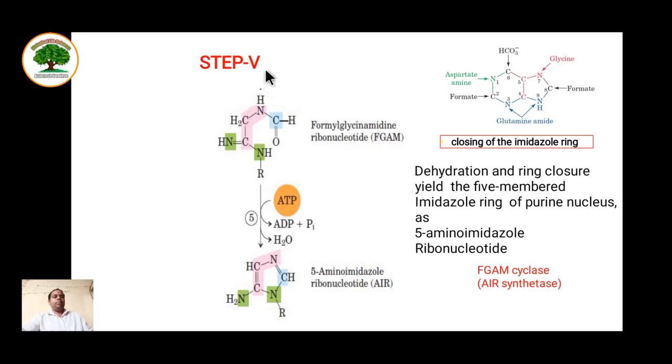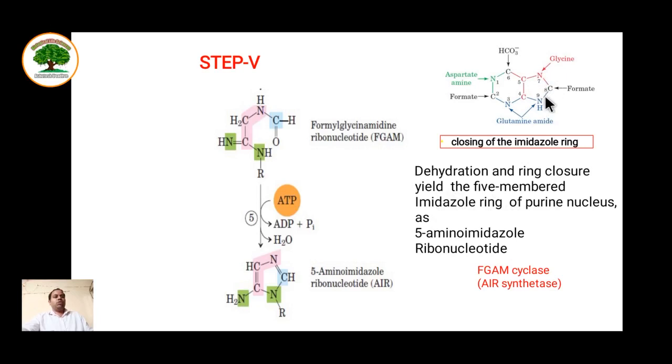This is step number 5 of this pathway. You can see the product of the previous step, that is formylglycinamidine ribonucleotide. Here ATP is added and a water molecule is released. Dehydration and ring closure yields the 5-membered ring, that is the imidazole ring.